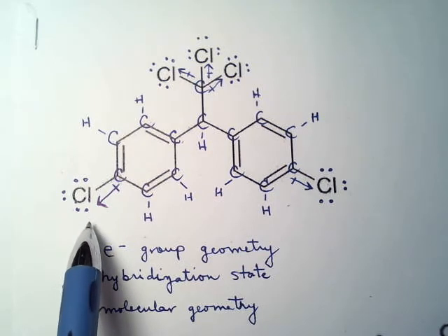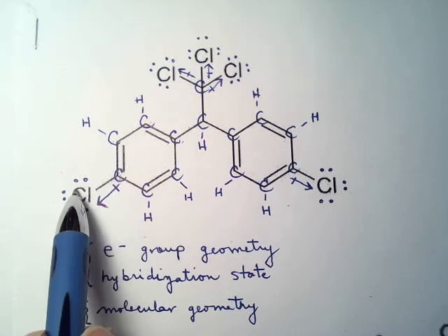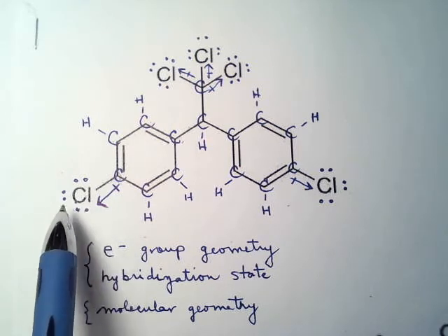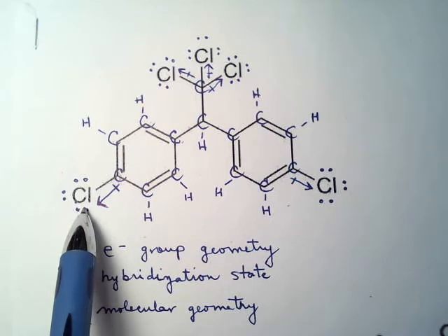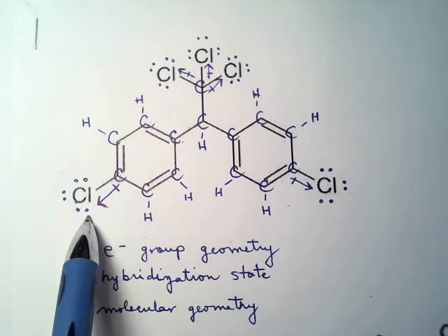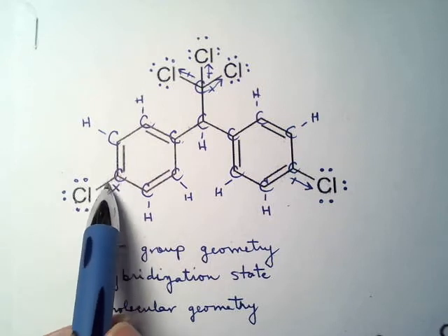And remember that formal charges of 0 represent very stable configurations. Chlorine has 7 valence electrons, so it would be 7 minus all of the lone pairs, so 7 minus 6, all of the lone pair electrons. 7 minus 6 is 1, minus half of the shared.